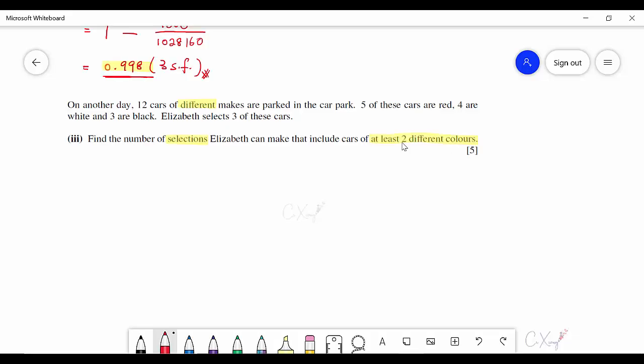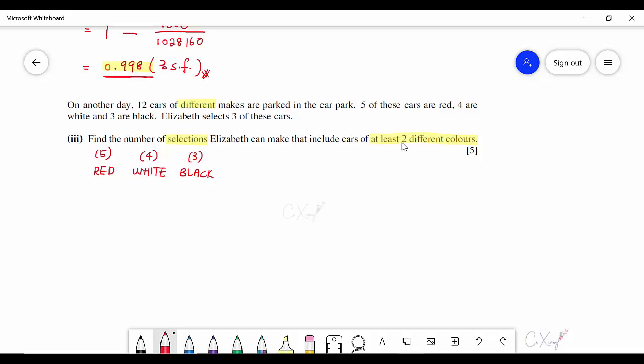For this one, I think we need to list out all the possible cases. So we have red, white, and black. In total, I have 5 red cars, 4 white cars, and 3 black cars.